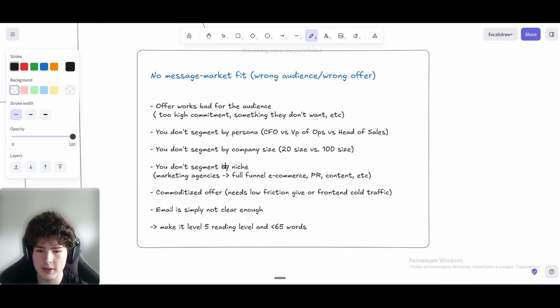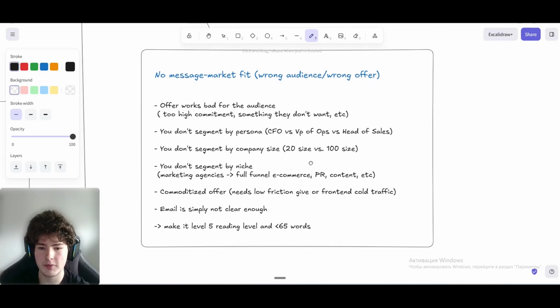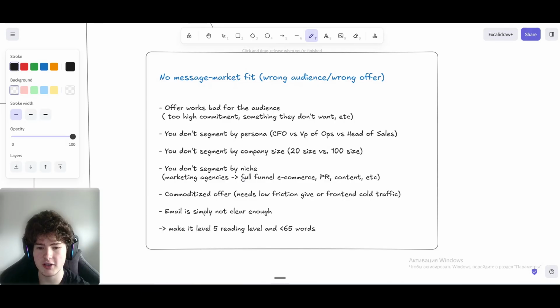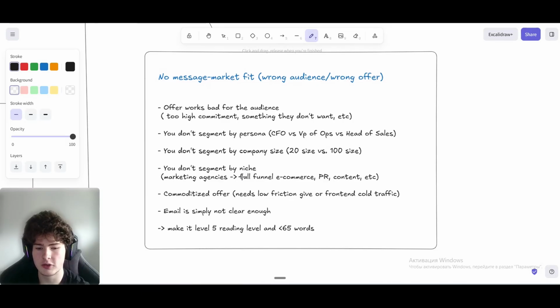So maybe you don't segment by niche, right? Because you can message marketing agencies, but your list would involve full funnel e-commerce agencies, PR agencies, content marketing agencies, and of course, your fundamental offer, like lead gen services, for example, might be the same, but the copy itself has to change, right?